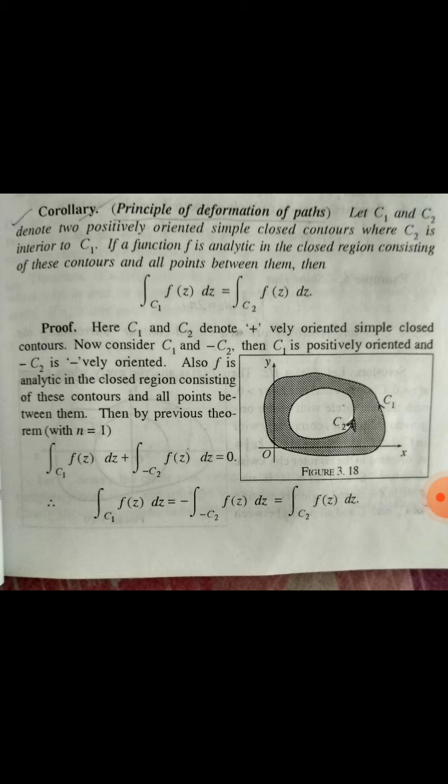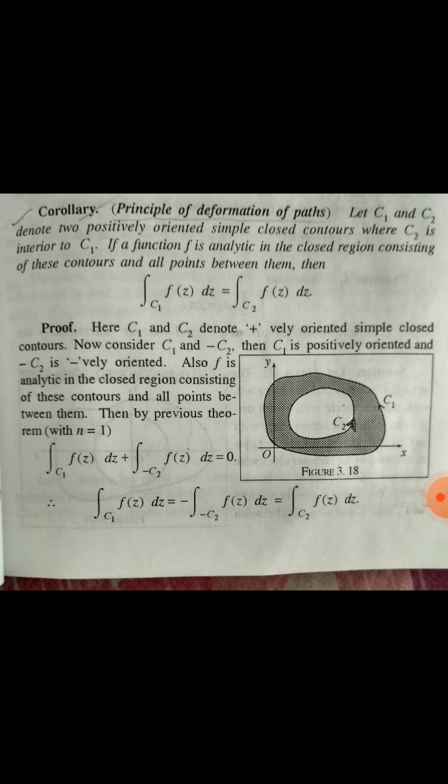Yesterday we have proved that theorem. If C is a closed contour in the counterclockwise direction, C1, C2, etc., Cn are closed contours lying inside and they are non-intersecting, in the opposite direction, then integral over C f(z) dz plus summation of all the integrals over Ck f(z) dz is 0.